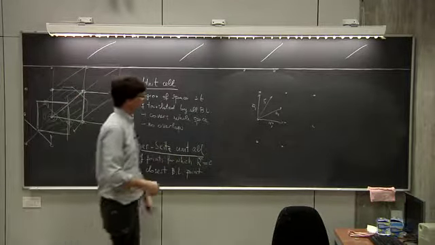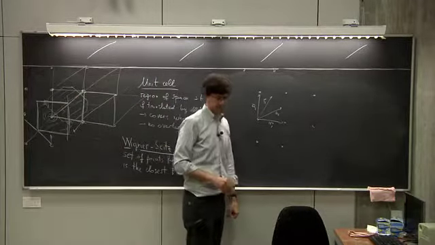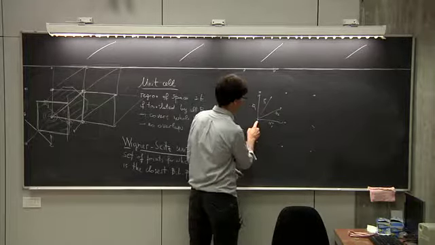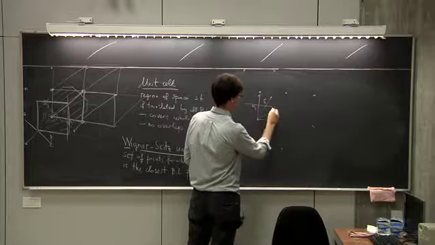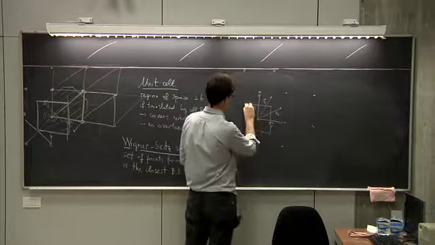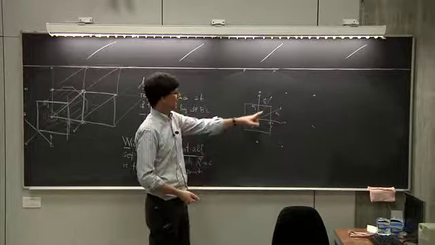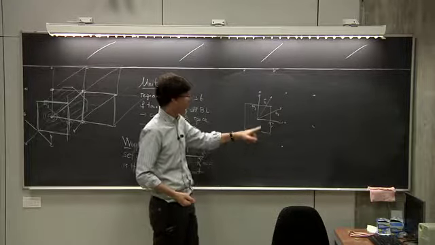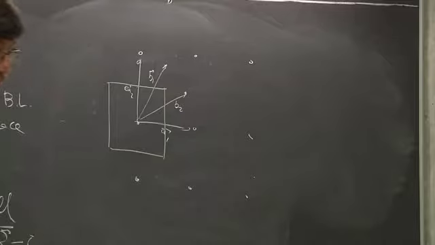Then you say, okay, now let me construct the Wigner-Seitz cell, this is the origin. But wait a second, my points are outside the unit cell. Is this what you are trying to get to? Fine. So my points are outside the unit cell. What do I do with that?